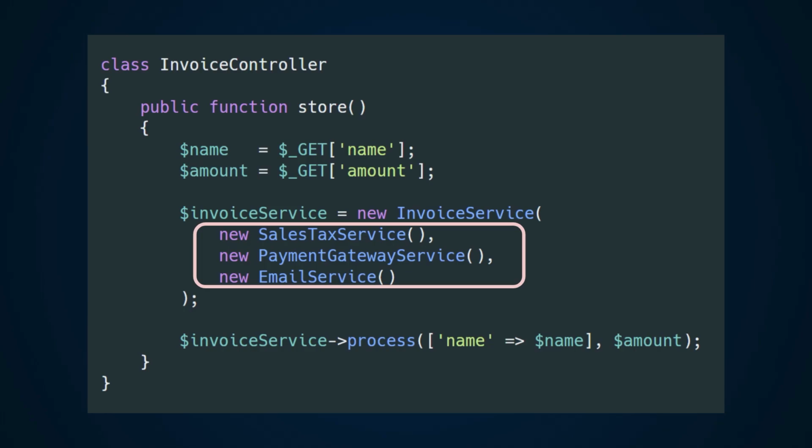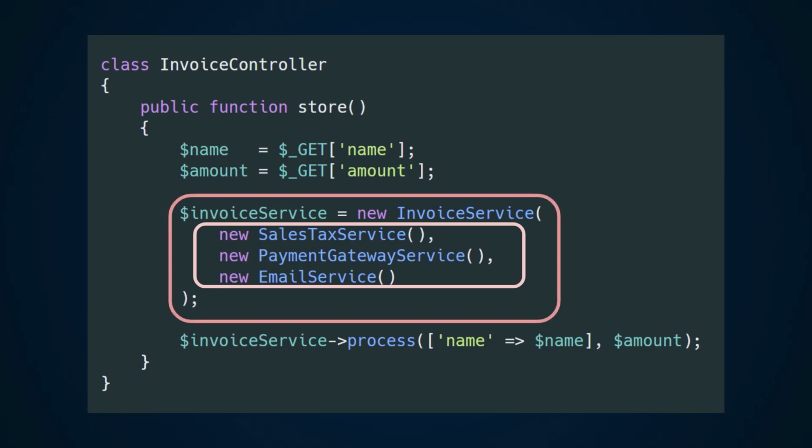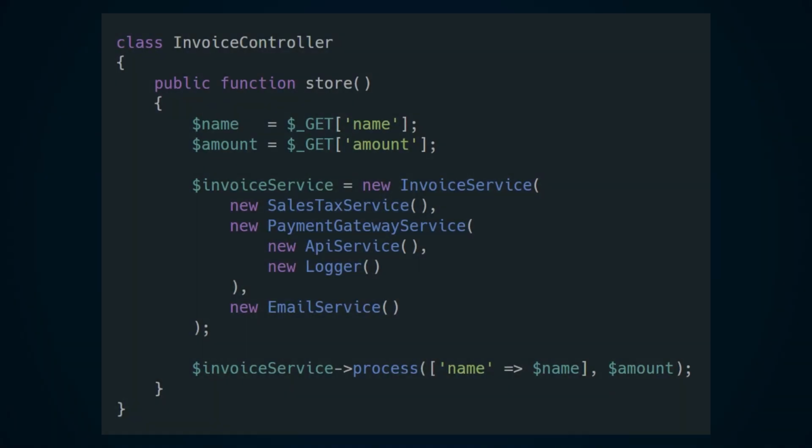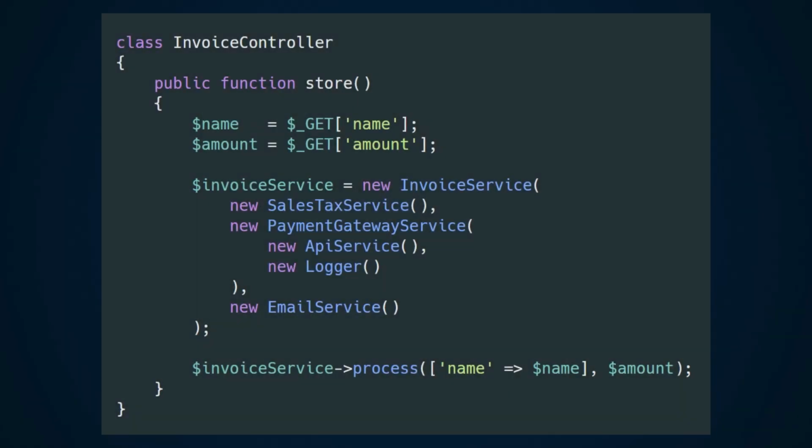Now in addition to hard-coding these three dependencies, we're also hard-coding the invoice service class as a dependency itself. Also, what if the payment gateway service had its own dependencies like a logger of some sort or maybe an API abstraction and so on? We would need to create these dependencies as well and pass them down. So we would end up with something like this, which looks even worse.